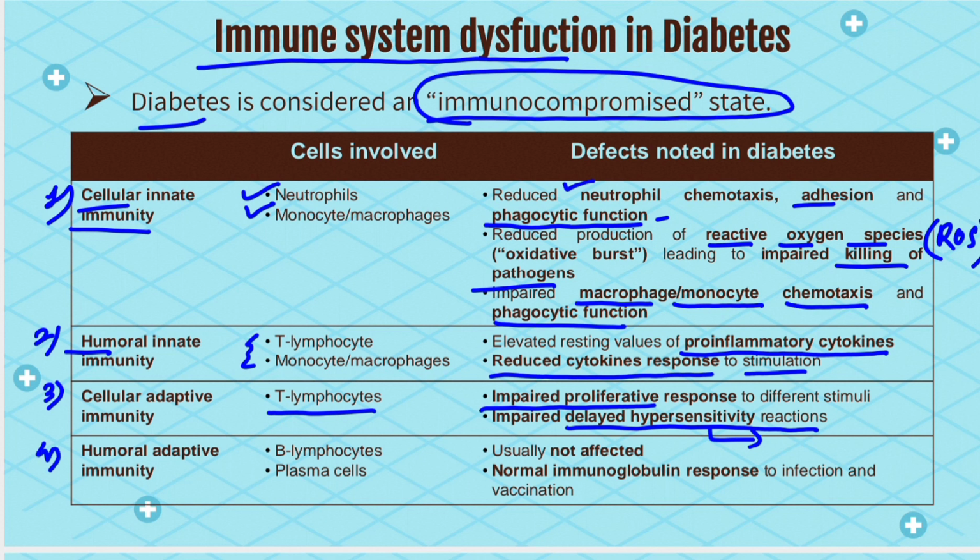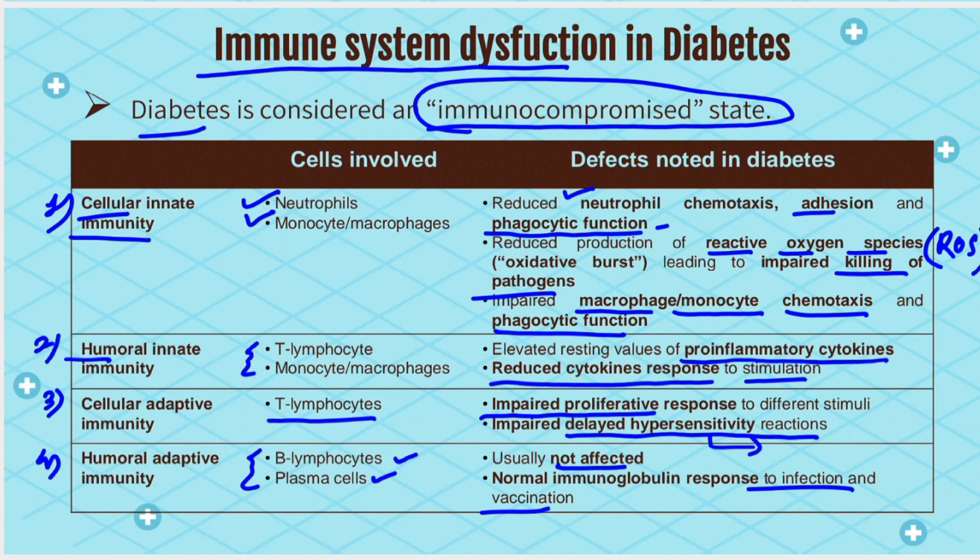The fourth kind of immunity is humoral adaptive immunity, and this is produced by the B lymphocytes and plasma cells. Usually these cells are not affected in any patient with diabetes, and they show a normal immunoglobulin response against any infection and vaccination.